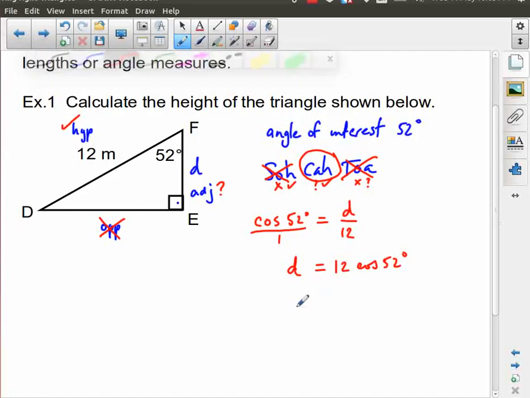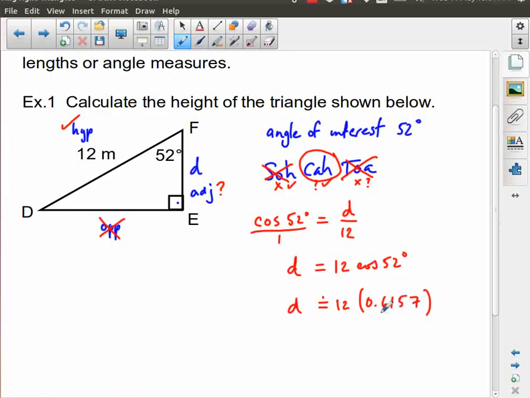So we end up with D is equal to, now you can do this on your calculator in 2 steps if you want to. So I can do a calculation for cosine. And if I do that, then this becomes approximate. If you're going to do it this way, try to keep your number for your calculation in your calculator. So in my case, my calculator is now showing 0.615, and I'm going to round it.